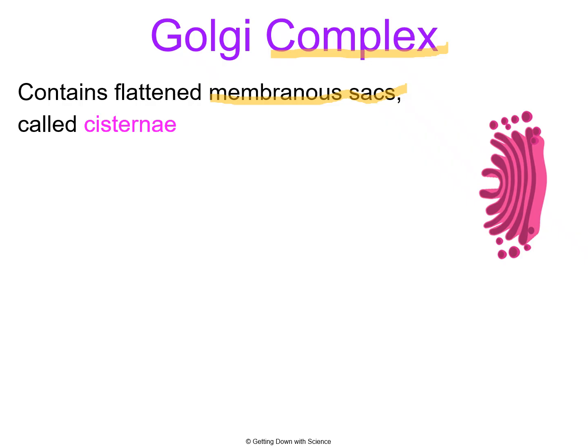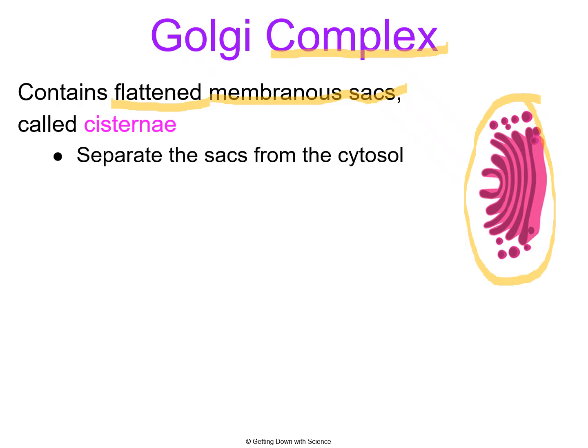However, these membranous sacs are flattened, so they're flat like sacs. And also remember what I said earlier, the Golgi complex is not attached to the nucleus, while the endoplasmic reticulum is attached to the nucleus and they're extensions of the nuclear membrane. So here's also another key thing to note with the structure.